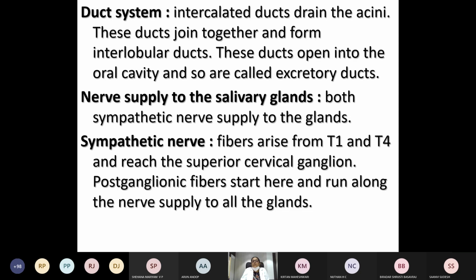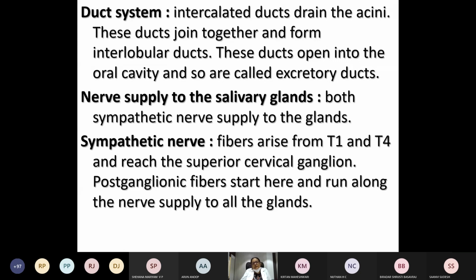These ducts open into the oral cavity and so are called excretory ducts.